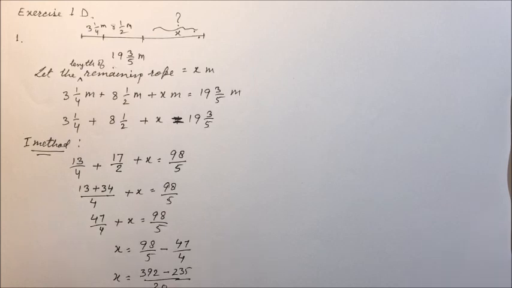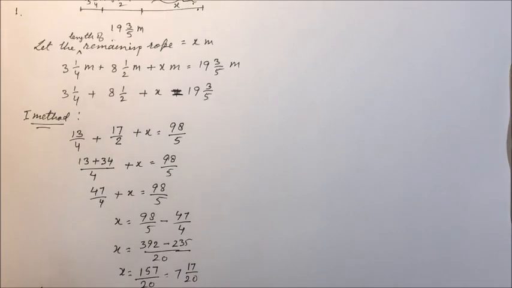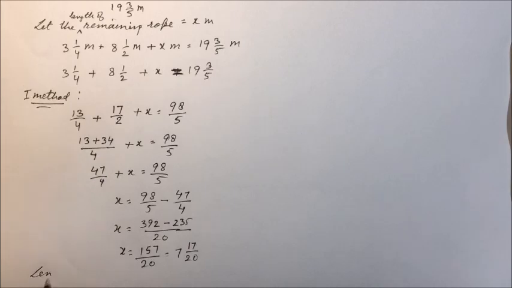Convert back into mixed fraction, it will be 7 17/20. And this x is in meters. So length of the remaining rope equal to 7 17/20 meters.